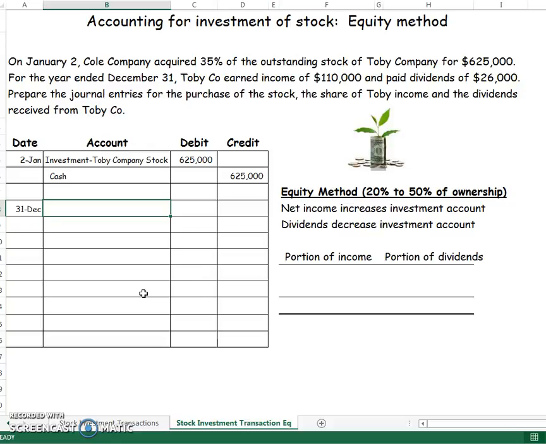for this. So at the end of the year, when Toby Company has earned $110,000 of income, we need to use that to increase our investment account. And I made a note of it right here. So their portion of income, their total income, is $110,000. Our portion is 35%. So when we multiply, we find out that we need to increase our investment account for our portion, which is $38,500.